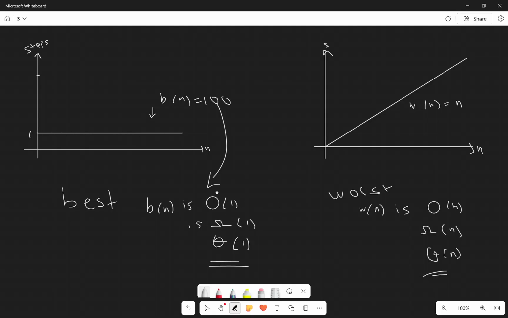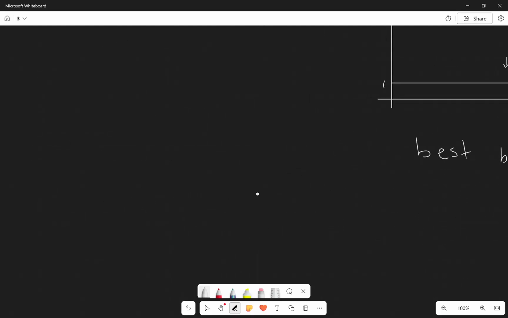Big O tells us the function f(n) will never grow faster than this, so it will never go above this upper boundary. Big omega tells us the function will never go below this lower boundary, and big theta tells us the function will grow as fast as the function g(n).